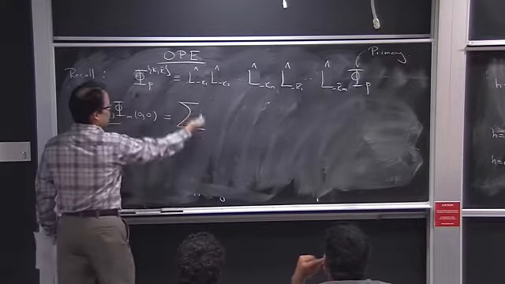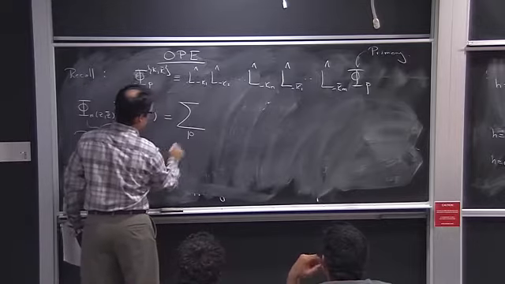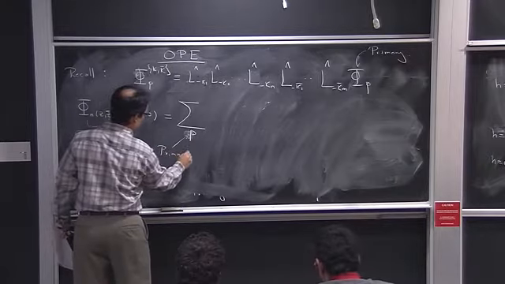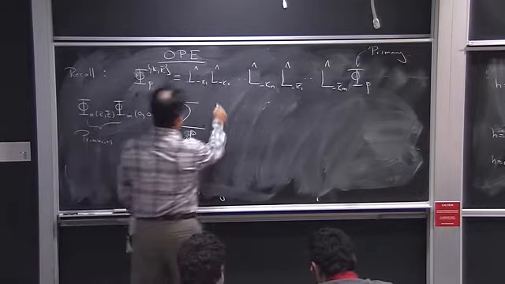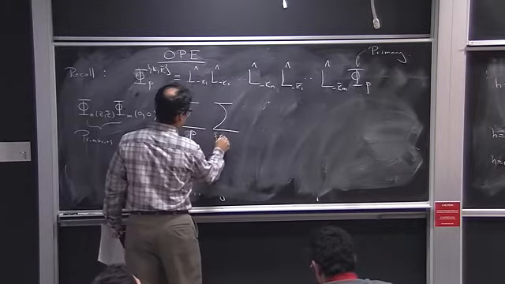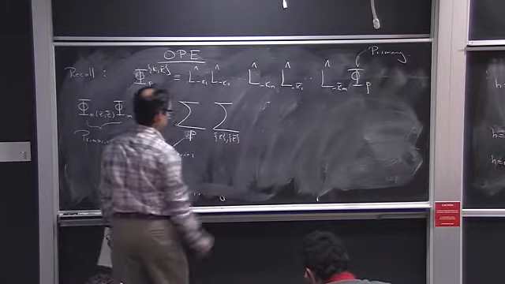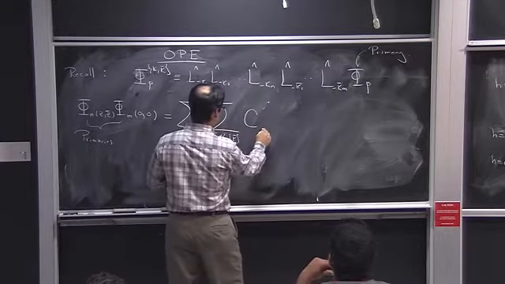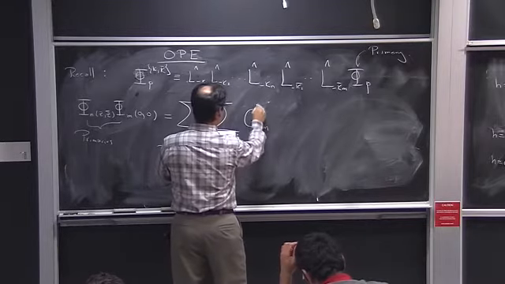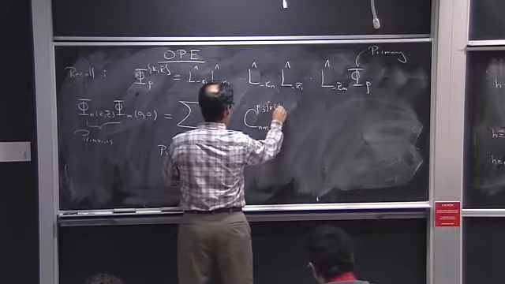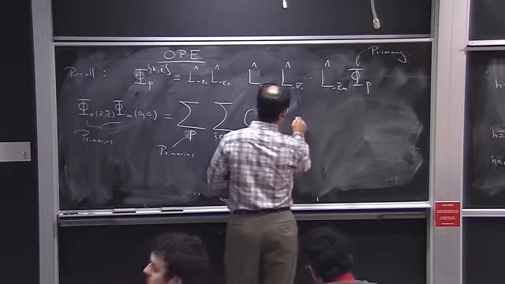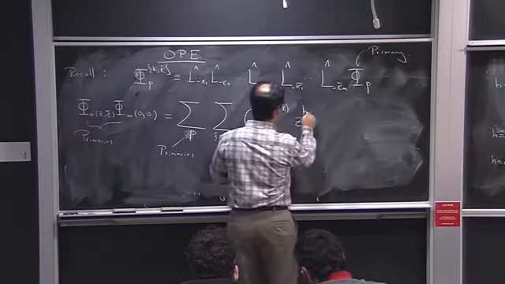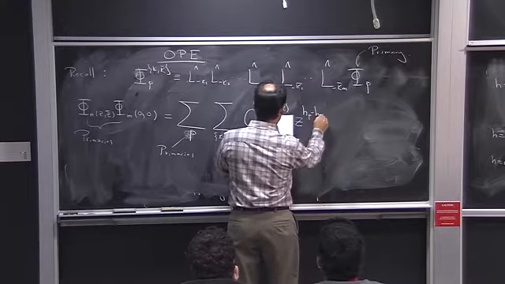So we can write down this sum as a sum over all primaries, and then a sum over the possible descendants. We will have some coefficients which are going to be numbers, and weights or dependencies on Z and Z bar that are completely determined by conformal transformations.